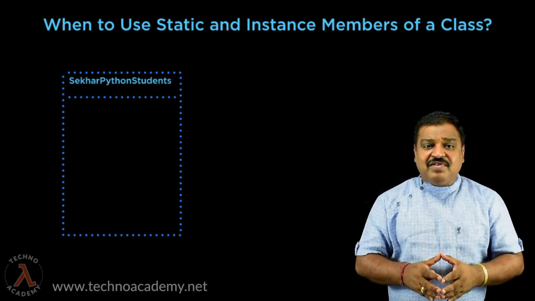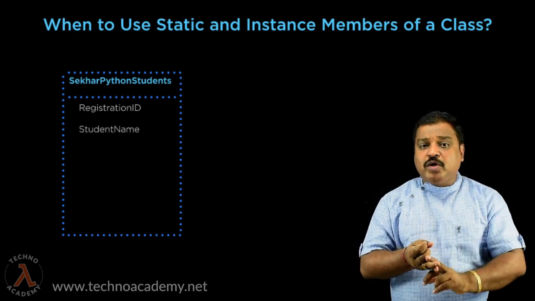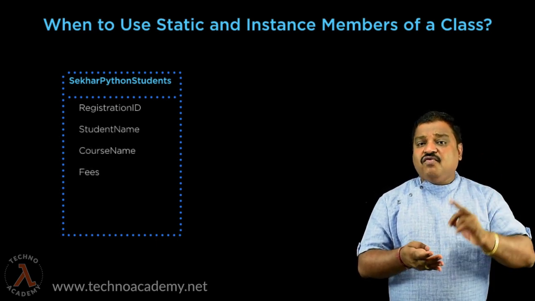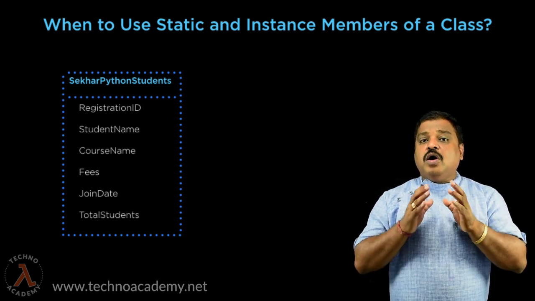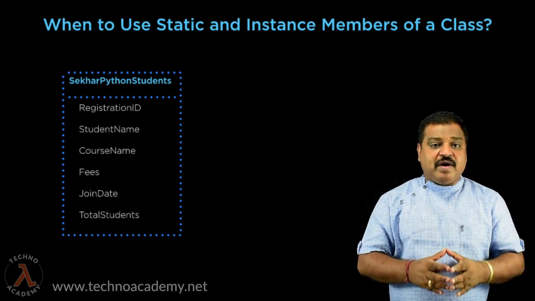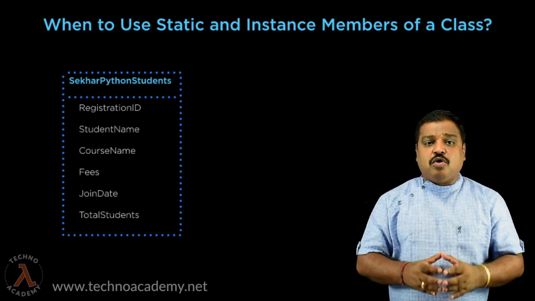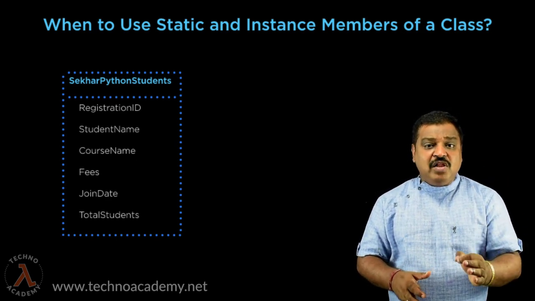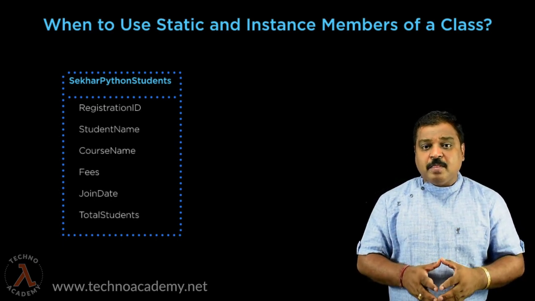And let us have the same members for the class, that is registration ID, student name, course name, fees, join date and total students. Now, according to this new requirement, let us observe what values remain common and what values are specific for every individual student.